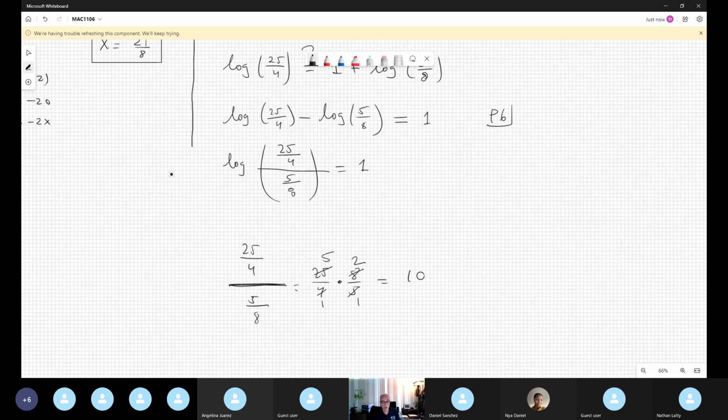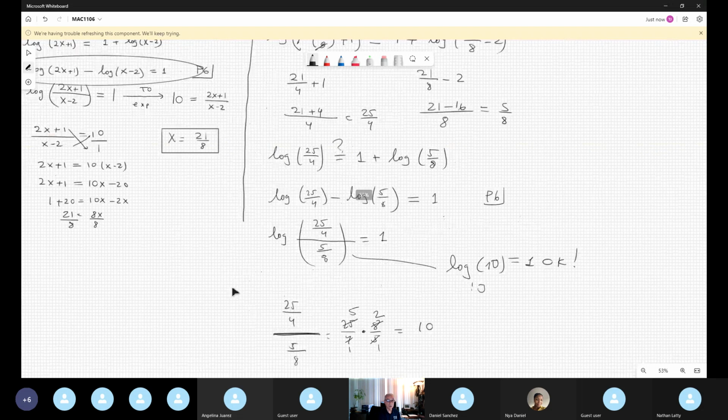Actually, I discovered that this part is equivalent to saying log of 10 is equal to 1, which is obviously a true statement, because one more time it happens when you have a perfect coincidence between the base, which is 10, and the argument, which is 10. Therefore, the answer 21 over 8 is weird, but it's good.